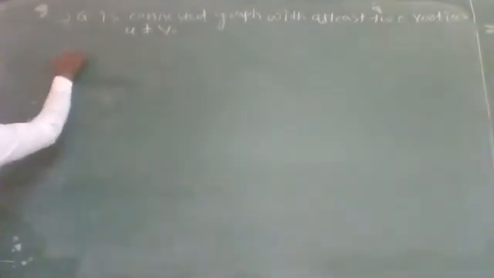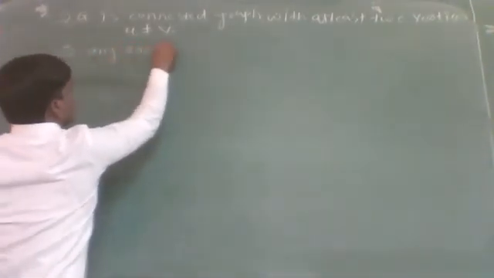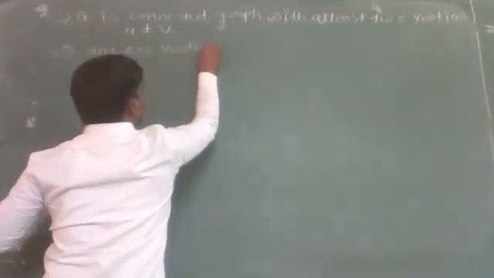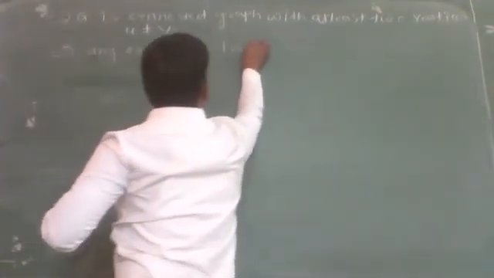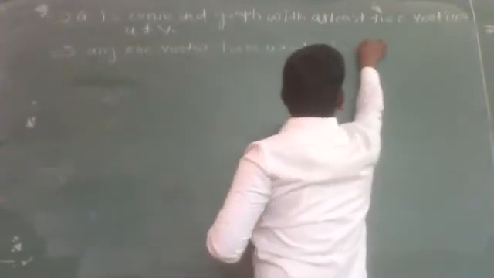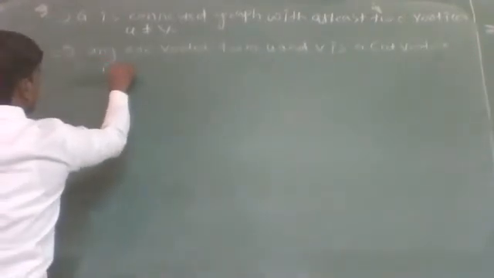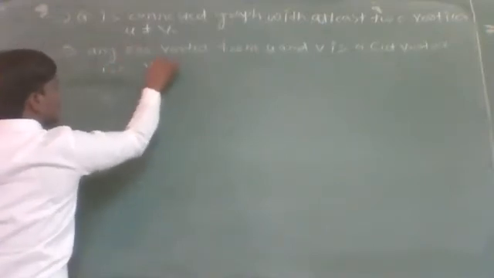Which implies any one vertex from U and V is a cut vertex by our assumption. Let V be a cut vertex. That is, assume that V is a cut vertex.